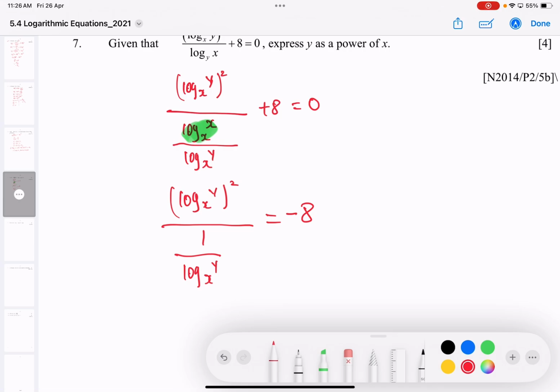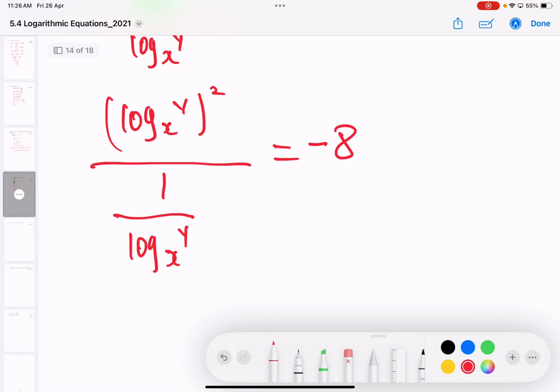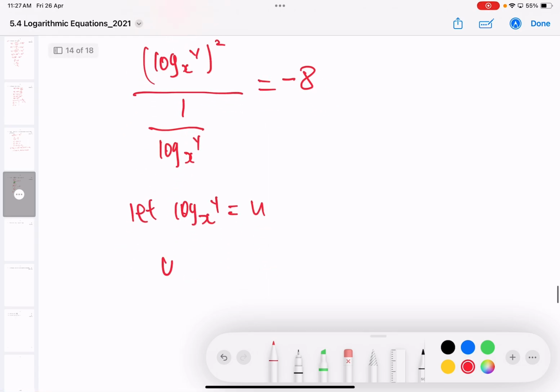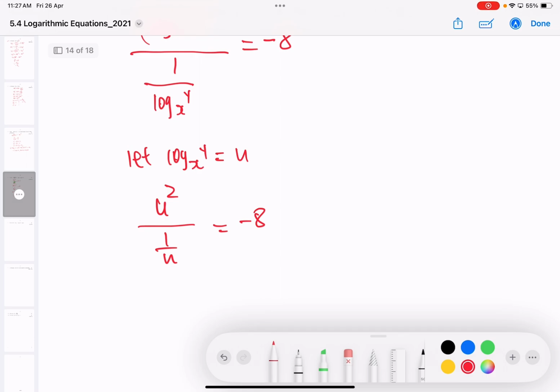Okay, come, let's quickly finish this. Now, how do we simplify this? If you want, the very ugly log xy, you can let it be u. So you're going to get u squared over 1 over u is equals to negative 8. You can use your keep change flip.